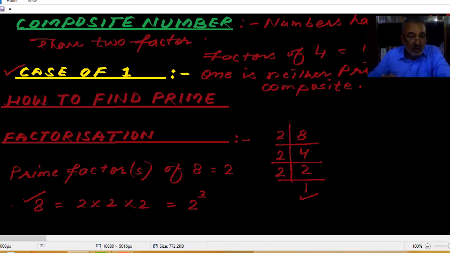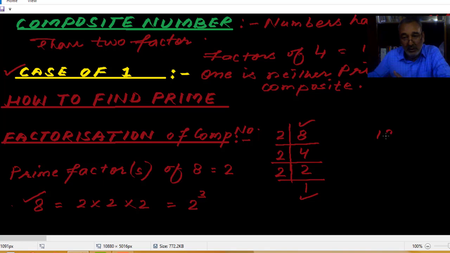Listen to one more thing. How to find out prime factorization? Here, especially of composite numbers. We are dealing with composite numbers only. If it is prime, what should I find out? It's already prime. So only composite numbers will be taken to find out prime factorization. Let's have one more question.